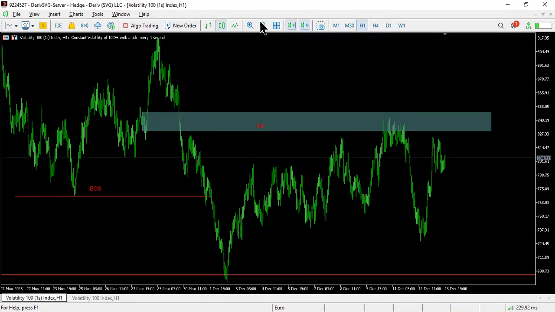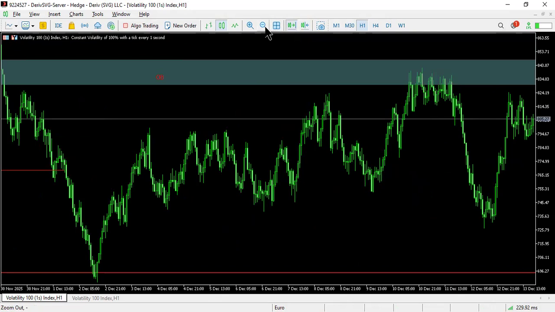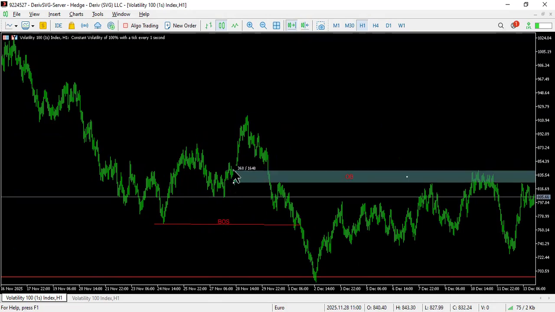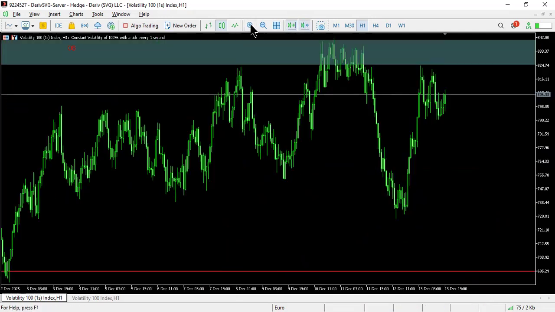Let's see if we go to the 1 hour time frame. From the 1 hour, this is what we have. So we have a break of structure, and then our order block is there where price is currently reacting.